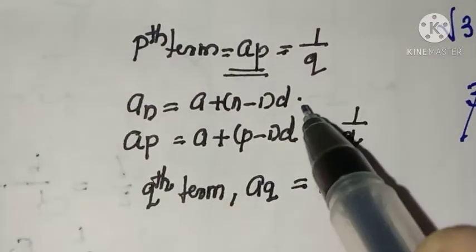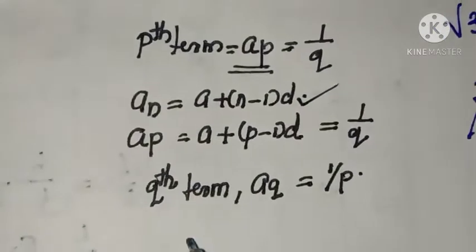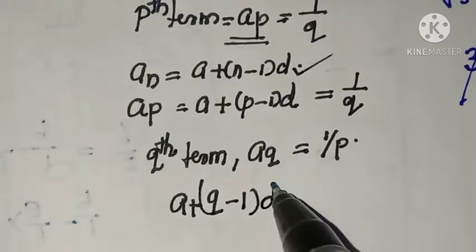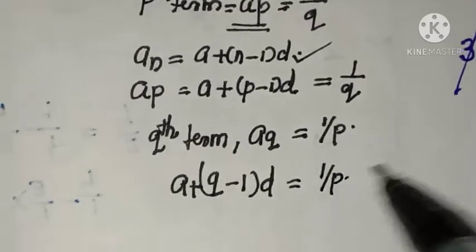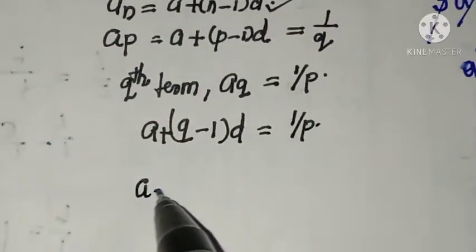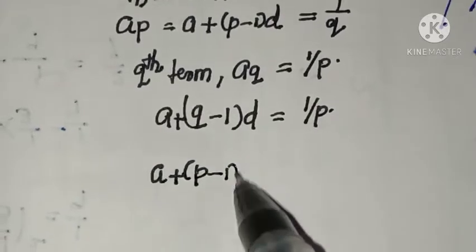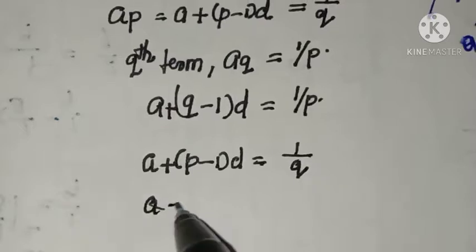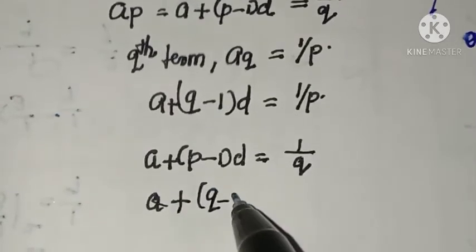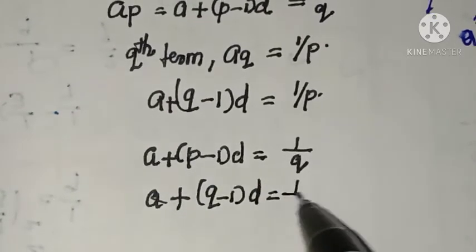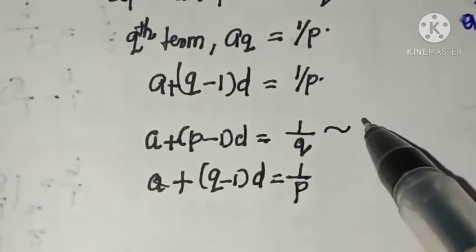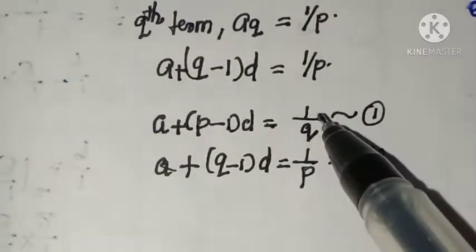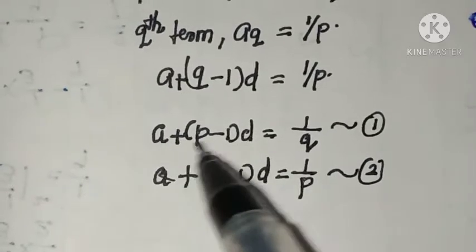Now aq can be written, using this result, as a plus q minus 1 into d. So we have two results. One is a plus p minus 1 into d is equal to 1 by q. The other is a plus q minus 1 into d is equal to 1 by p. Put them as equation number 1 and equation number 2.